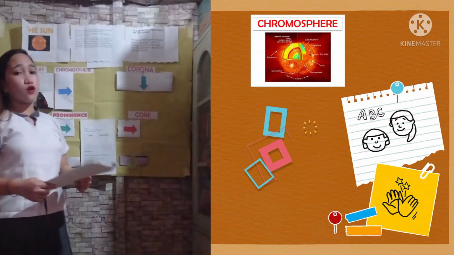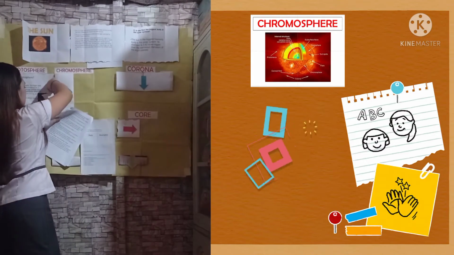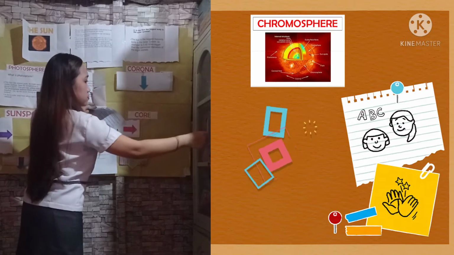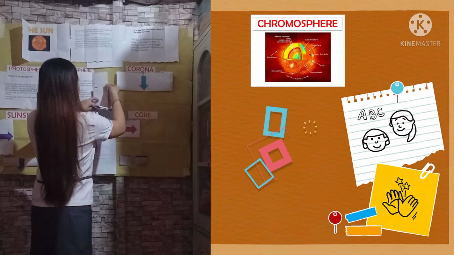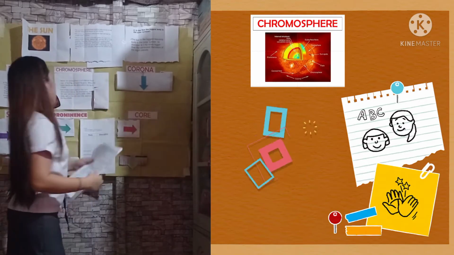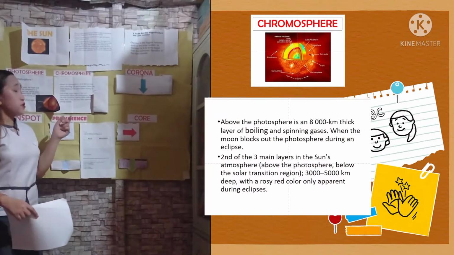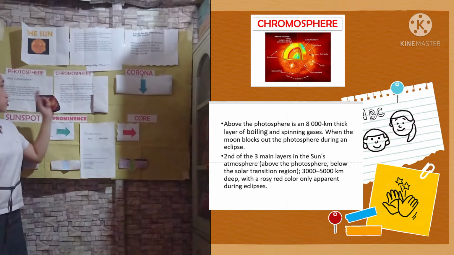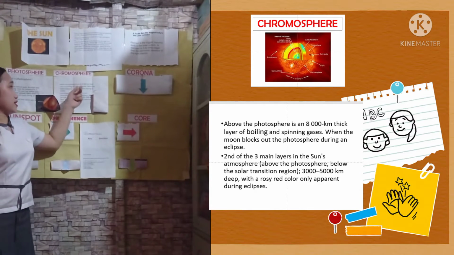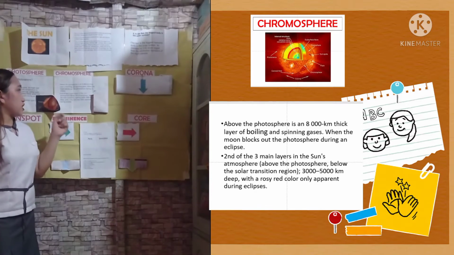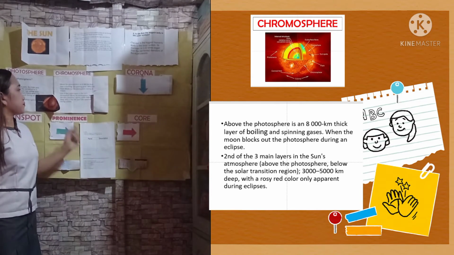How about the chromosphere? This is the meaning. The chromosphere, above the photosphere, is an 8,000 kilometer deep layer of boiling and spinning gases.